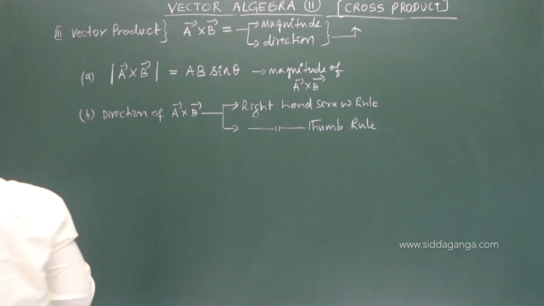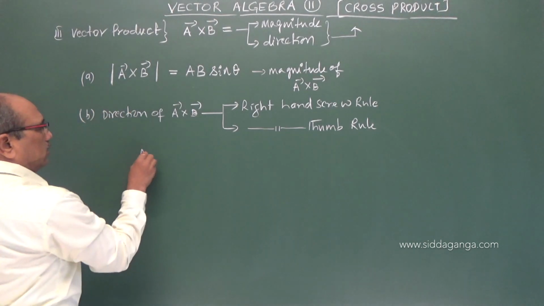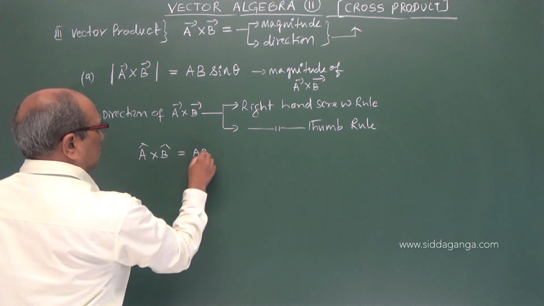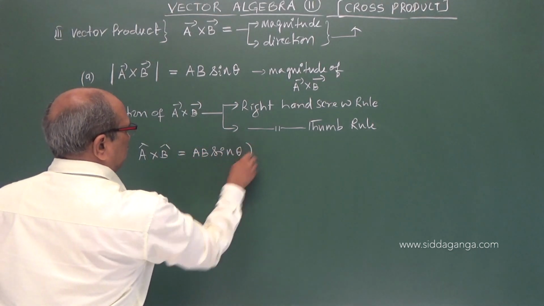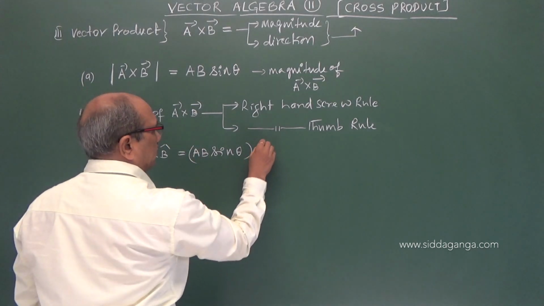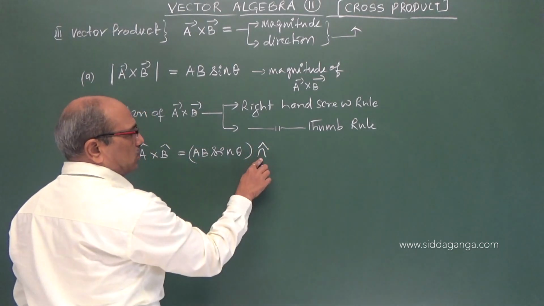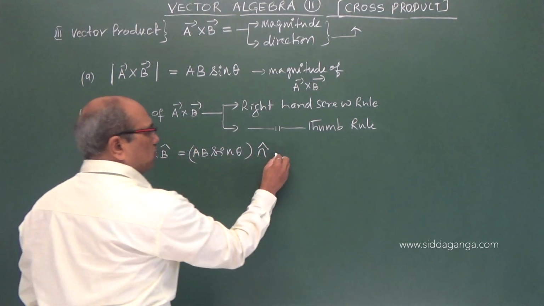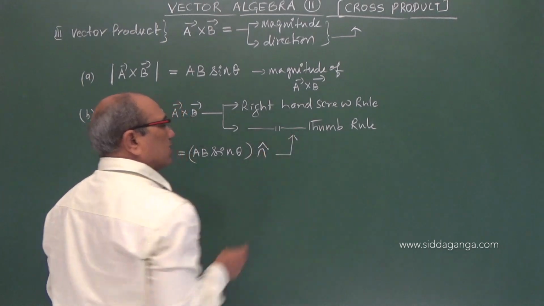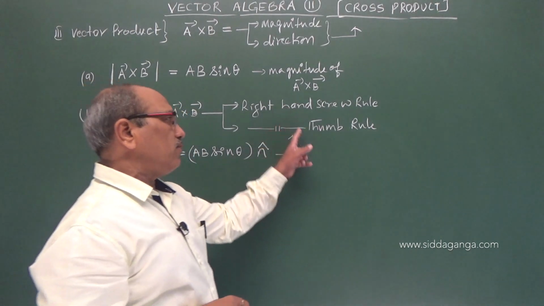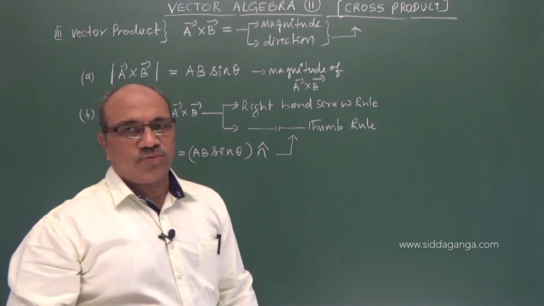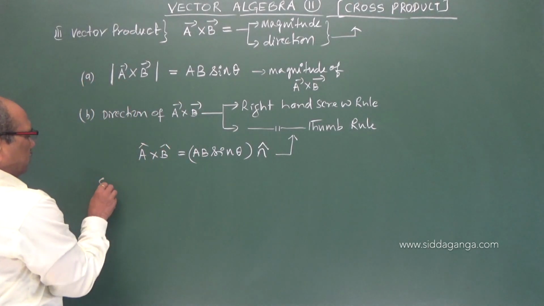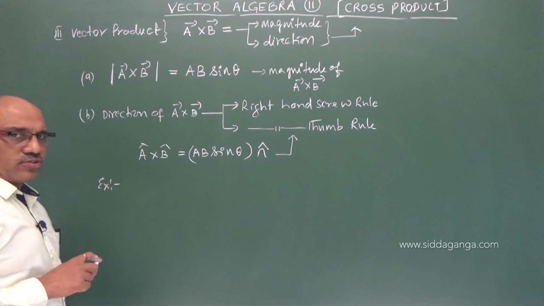So both together, I can write A cross B equal to AB sin theta as the magnitude, and the direction given by n cap, which gives the direction of the vector product or cross product. The direction can be understood by either of the two rules, and you know the examples by which we can understand this better.